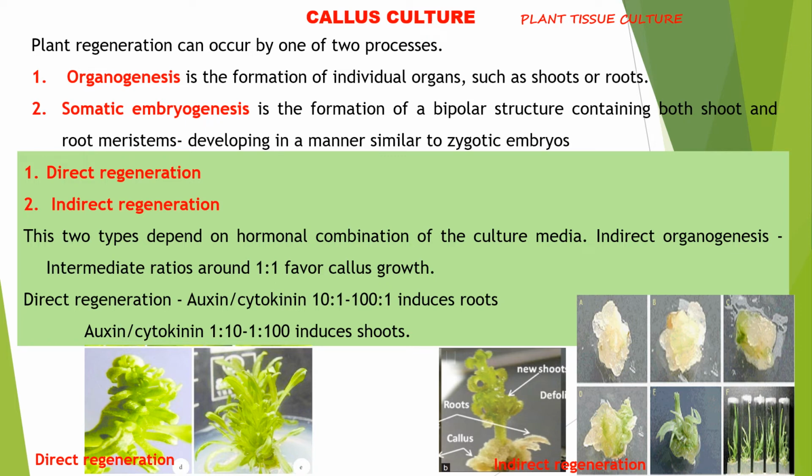Now, organogenesis in plant tissue culture can be direct or indirect. Direct regeneration means regeneration of organs, that is shoot or root, directly from the explant. The figure on your extreme left shows regeneration of shoots from a leaf explant.